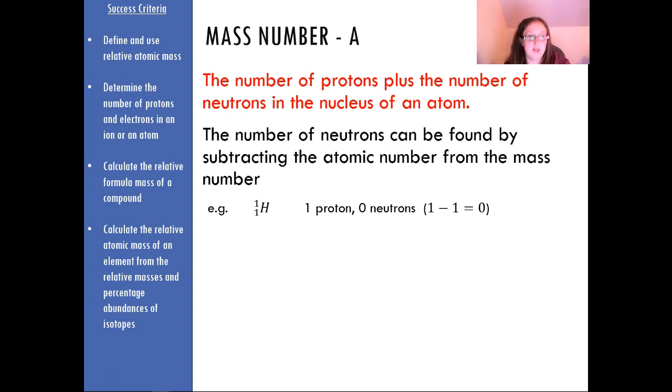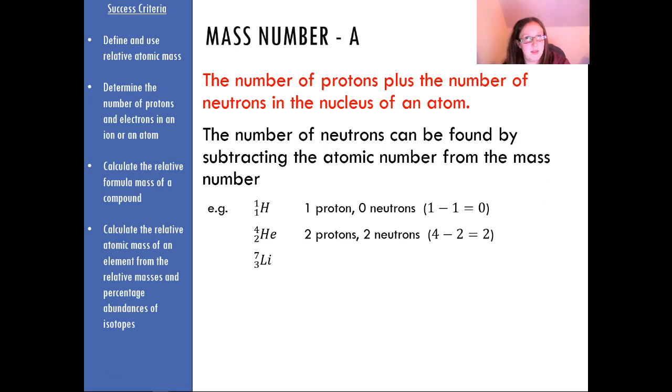So for hydrogen that's really easy, because if you look it's 1 and 1, so this is our atomic number, this is our mass number, so 1 proton, and then 1 minus 1 gives me no neutrons. If we look at helium, I've got an atomic number of 2 and a mass number of 4, so that means I have 2 protons. So to calculate my number of neutrons, I do 4 minus 2, which gives me 2 neutrons.